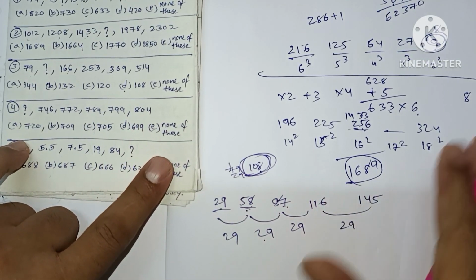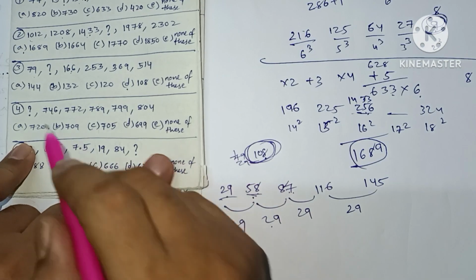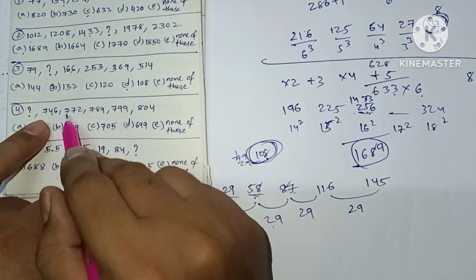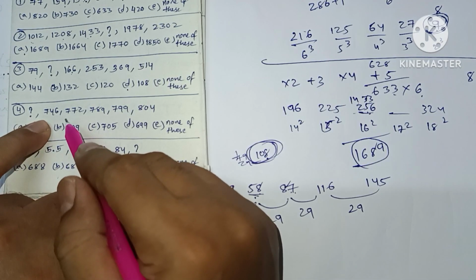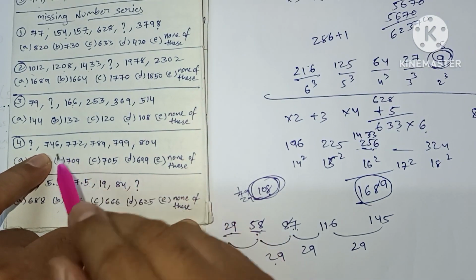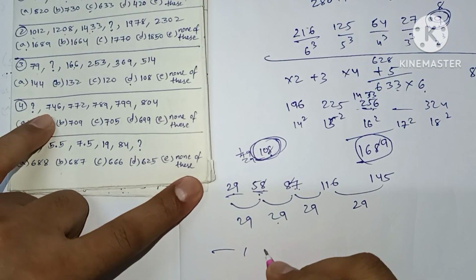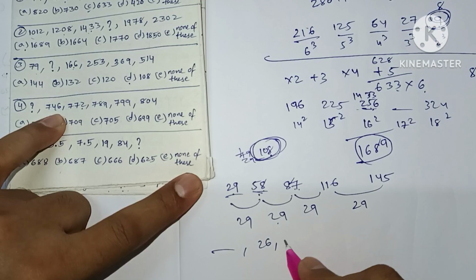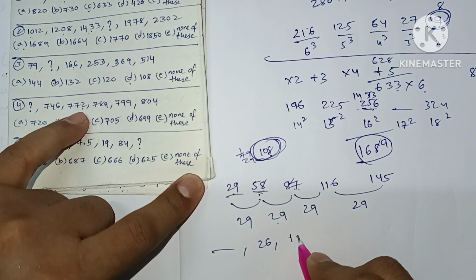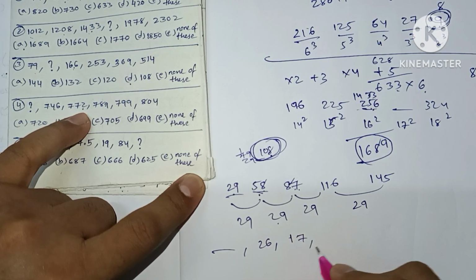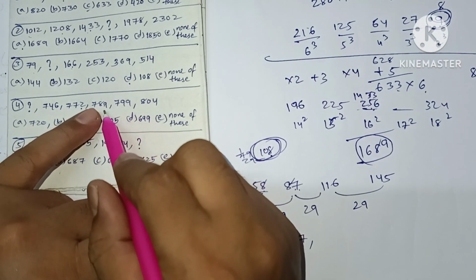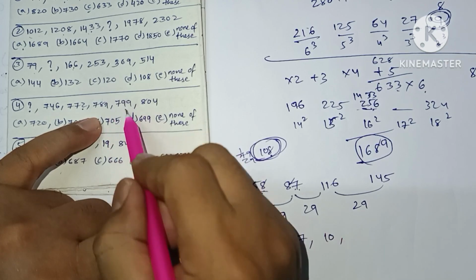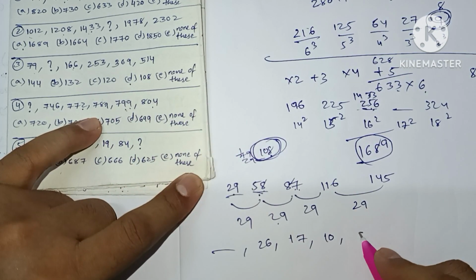Next, fourth one. Fourth one is dash, 746 and 772. We'll go with the differences here. Here the difference is 26. Here the difference is 17. Here the difference between these two numbers is 10. Here the difference between these two numbers is 5.